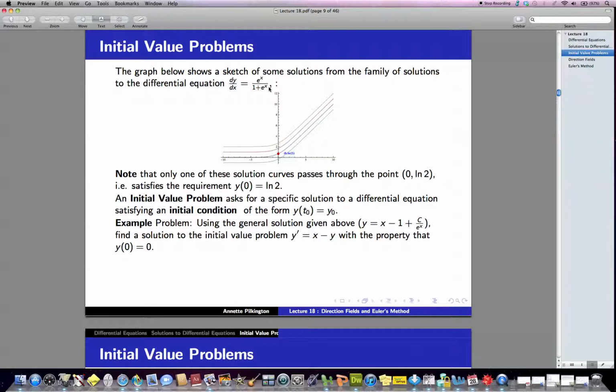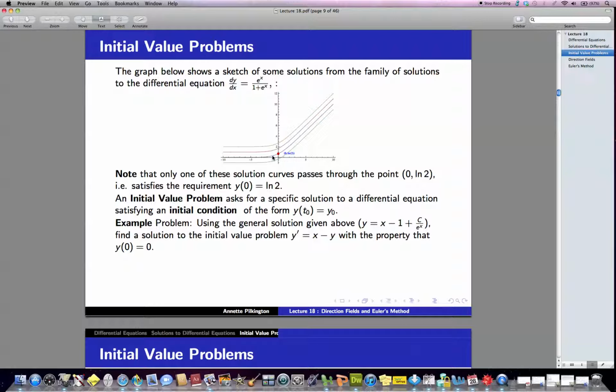And you saw that the antiderivative, or the solution to this equation, was in fact a family of functions. Here we've drawn some members of that family. They're all related by a constant, hence we add the constant to the solution when we write down the solution.